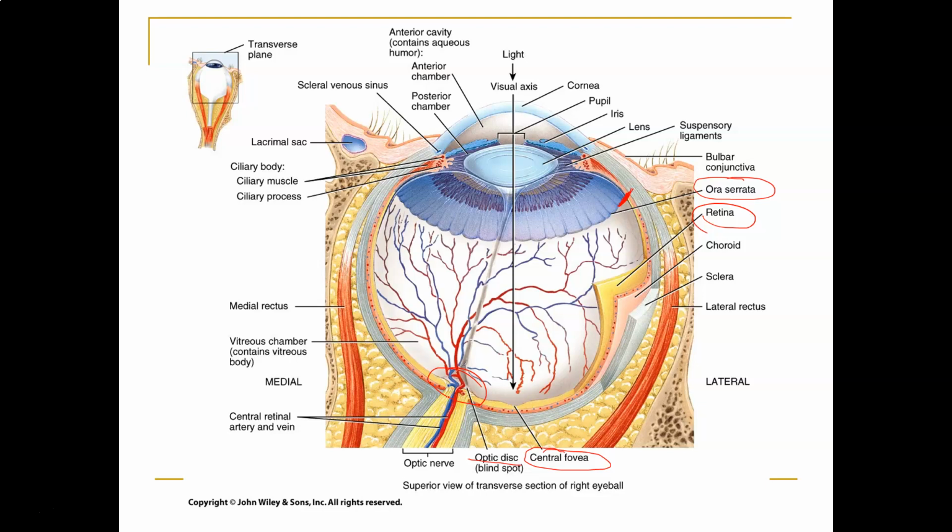It's also where the optic nerve leaves the eye, and it's called the blind spot because you have no photoreceptors there. Any light that comes into the eye and falls upon this region is not going to be translated into nerve impulses. You are not going to see that image.